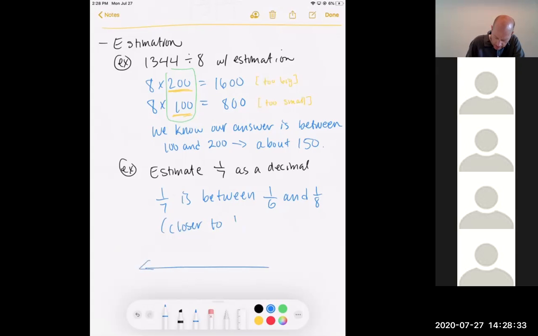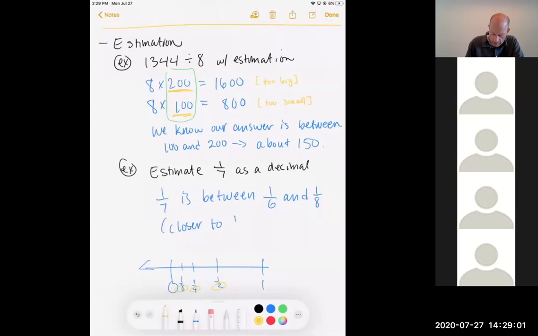Because on a number line, you have 0, 1, a half, and there is a fourth, and there is an eighth. Okay. Notice that as my denominator is increasing in size, it's getting closer and closer to 0, but by smaller amounts.